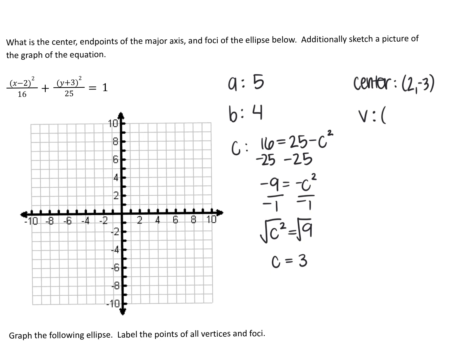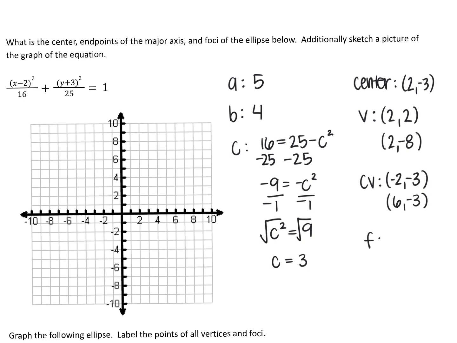So -3 plus 5 is going to give us 2, 2. -3 minus 5 gives us 2, -8. For the co-vertices, you add and subtract your b value to your x coordinate. So 2 minus 4 is going to be -2, and then you use the original y coordinate, -3. And then 2 plus 4 is 6, and then my original value of -3.